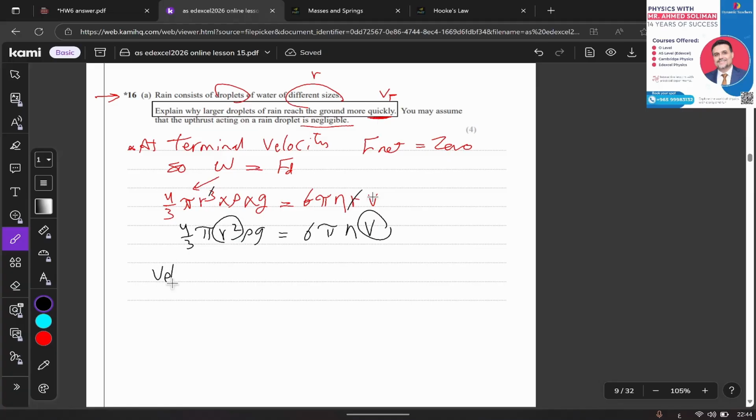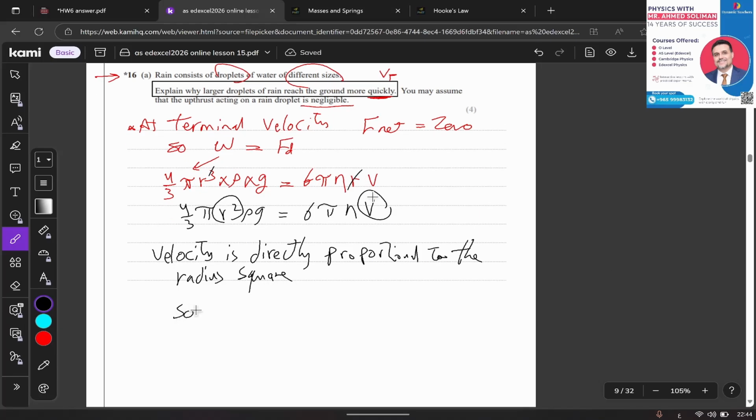Directly. So we have to write it. Velocity is directly proportional to the radius squared, right? Right. But would it make a difference if I just wrote radius?